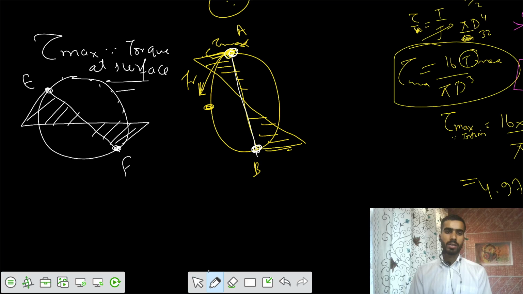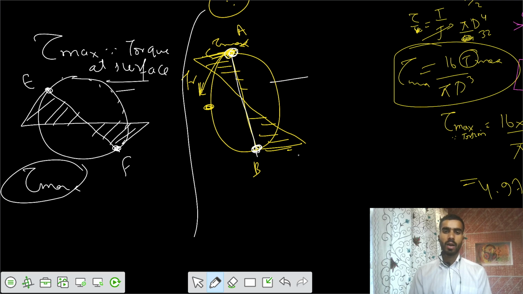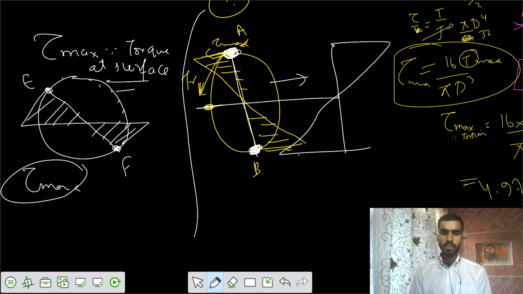At every point on the surface, you have tau max. But for the bending case, sigma is maximum at two points only, at A and B. If you take this element, we have bending stress equal to 0.